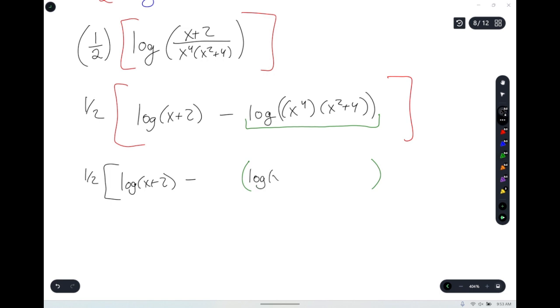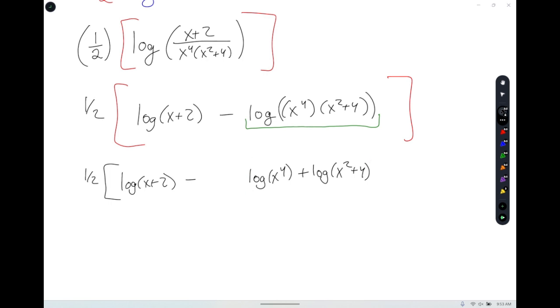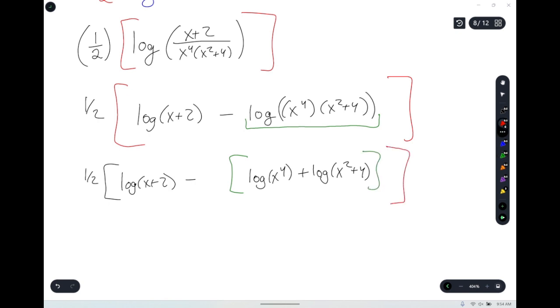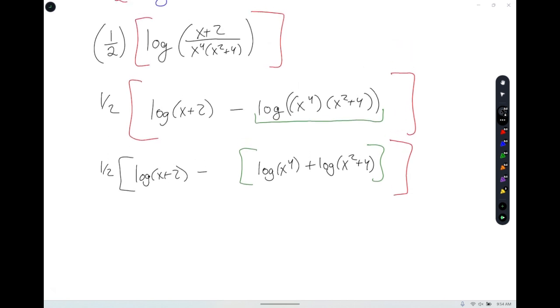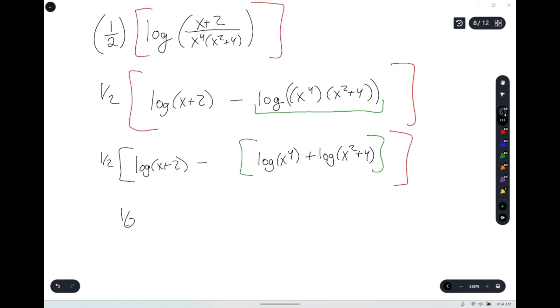It would be log of x to the 4th plus log of x squared plus 4. More often than not, I see this as an answer, and that's not true because you're subtracting the whole thing, not just the first term. So distribute the negative. So we got 1/2, big old parenthesis, log x plus 2 minus log x to the 4th minus log x squared plus 4. Close the big old parenthesis.